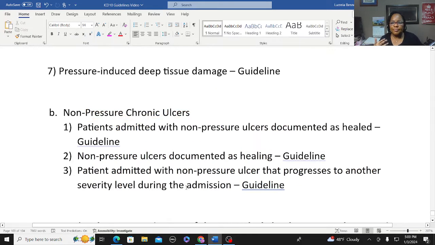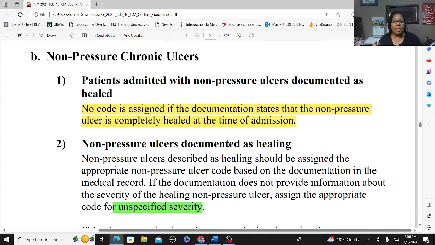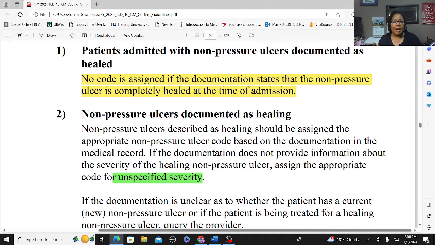Number 2, non-pressure ulcer documented as healing, still in the process, still present tense, refer to the guidelines. Non-pressure ulcers described as healing should be assigned the appropriate non-pressure ulcer code based on the documentation in the medical record. If the documentation does not provide information about the severity of the healing non-pressure ulcer, then assign the appropriate code for unspecified severity.